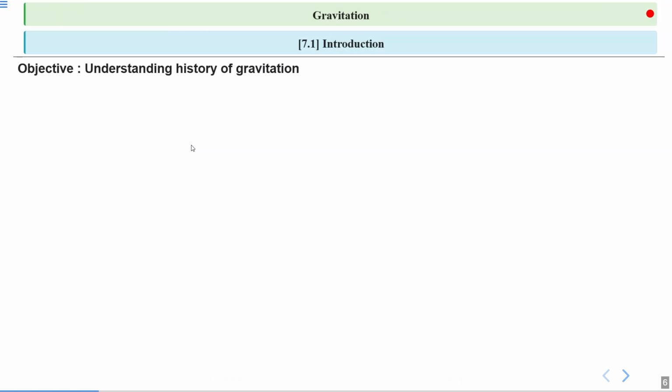So, understanding the history of gravitation. Let's begin with Galileo. Galileo demonstrated that all objects, regardless of their mass, fall towards Earth with the same constant acceleration. This was a groundbreaking discovery at the time.